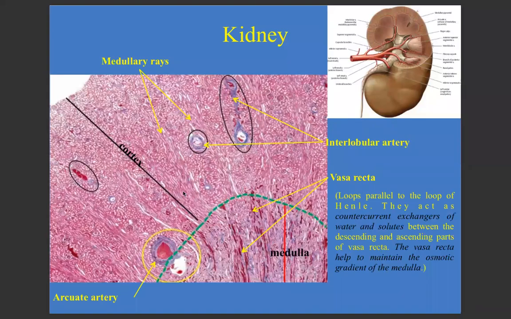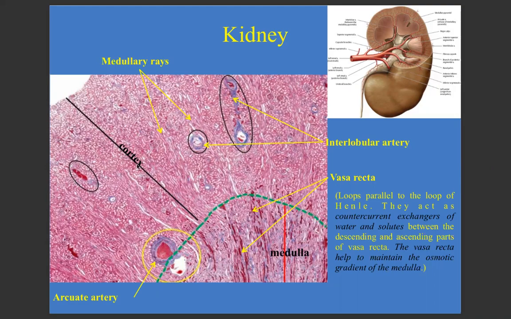So the cortical area is presented at the periphery, and we can find some invaginated portions of the cortex just between two pyramids, called Bertini's columns. And then the cortex is the place represented mainly by the vascular loops filtering the blood, called glomeruli.